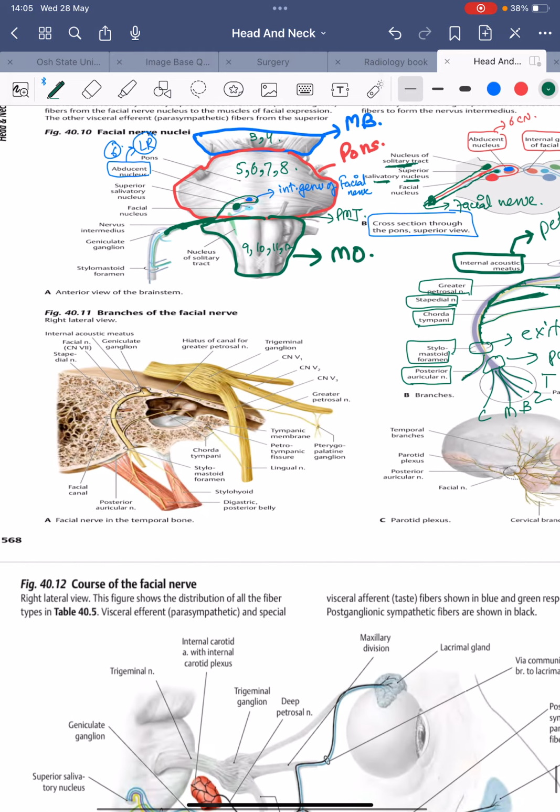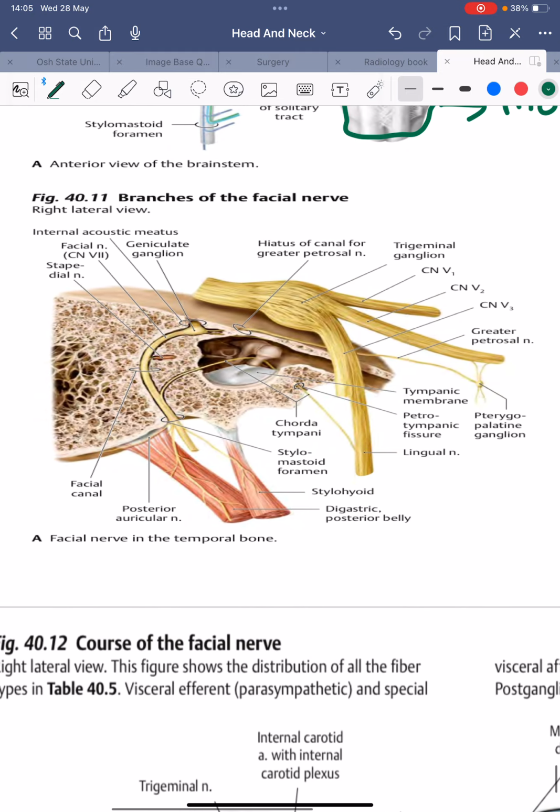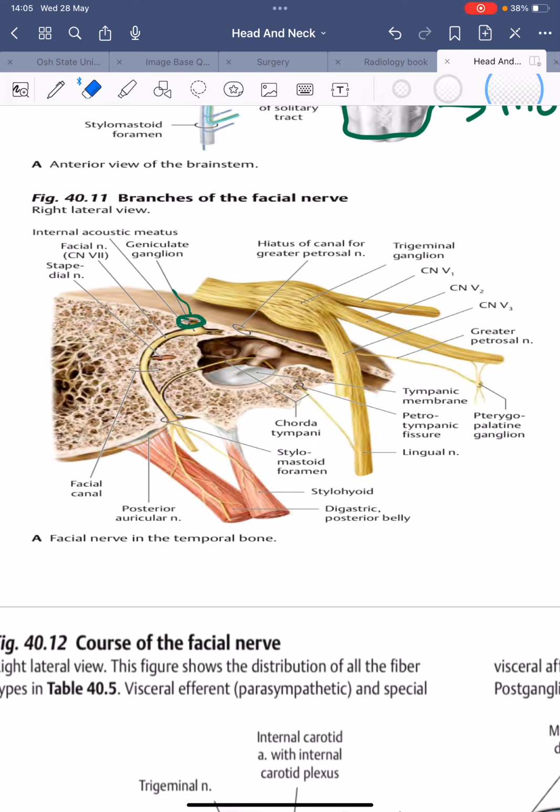See here this diagram. This is the internal acoustic meatus, which I am highlighting in green color. Now your facial nerve is entering. See here, this is your internal acoustic meatus. Now the nerve enters into this canal.